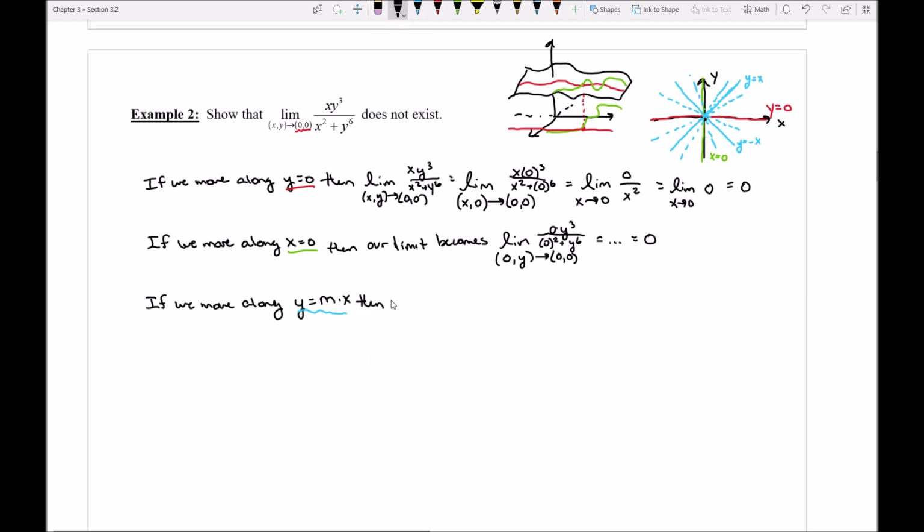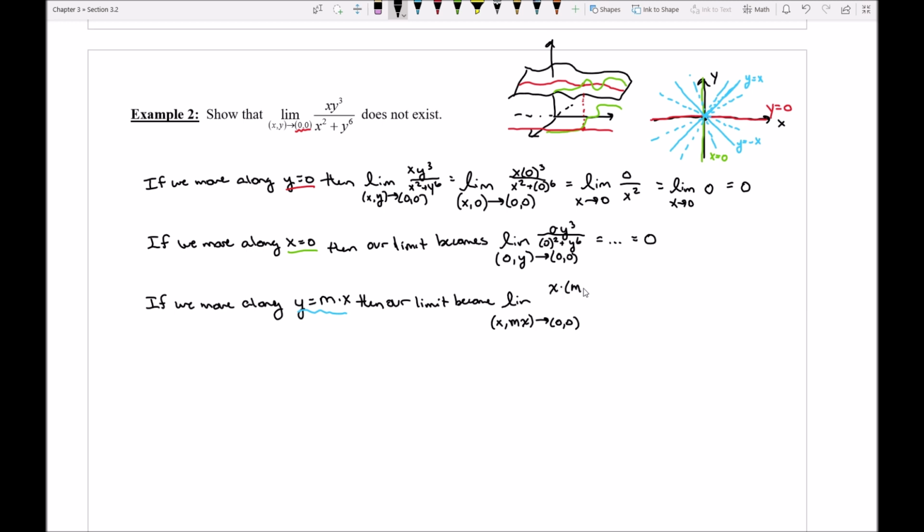Well, in this scenario, our limit is going to become a limit where x comma m times x is approaching 0, 0. Again, notice all I've done is swap out what y was equal to, and I'll do the exact same thing for all the y's in the original limit.